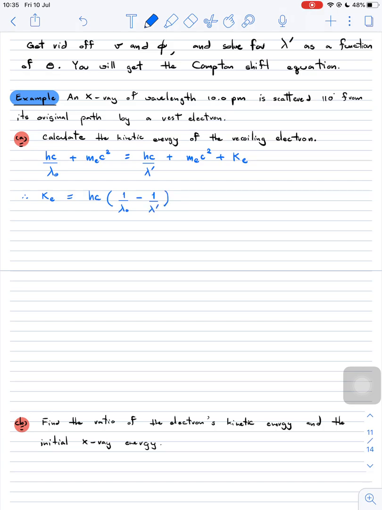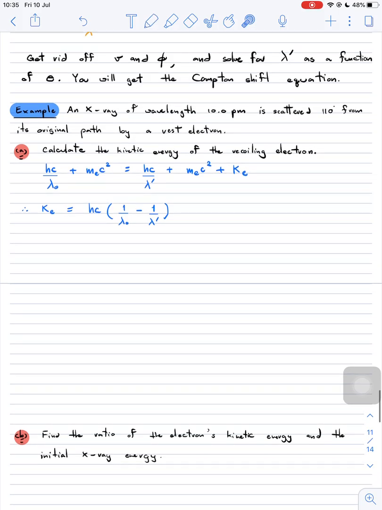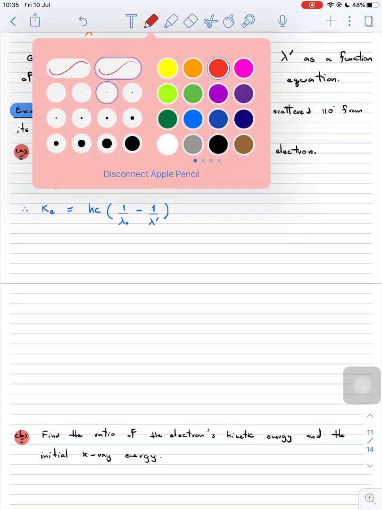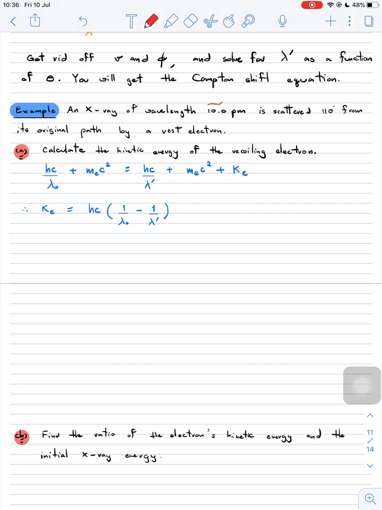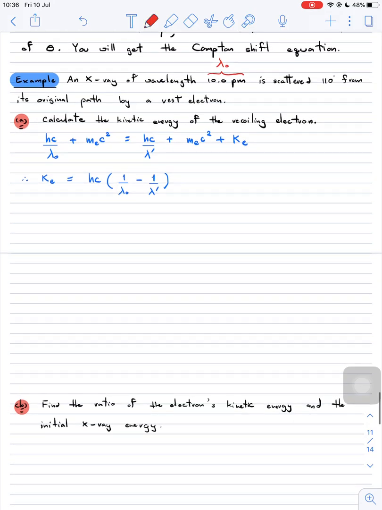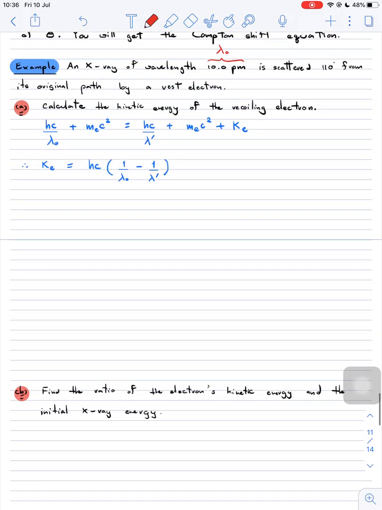Now we know lambda naught, but we don't know lambda prime. But we can find lambda prime using the Compton shift, because we know the scatter angle here. So the next step is to find lambda prime.